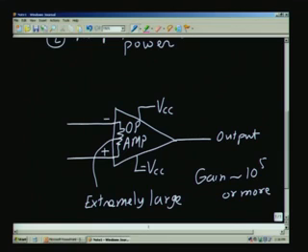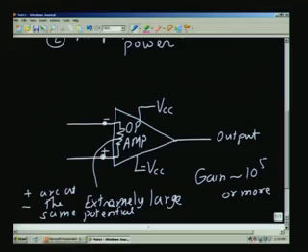And the consequence of having an extremely large input impedance is that if I show a terminal here, another terminal here as the inverting and non-inverting terminal, essentially they are at ground potential. So, plus and minus are at the ground potential or at the same potential, because there is no current or very small current, because the extremely large value for the input impedance means that the current through this is very small, negligibly small.